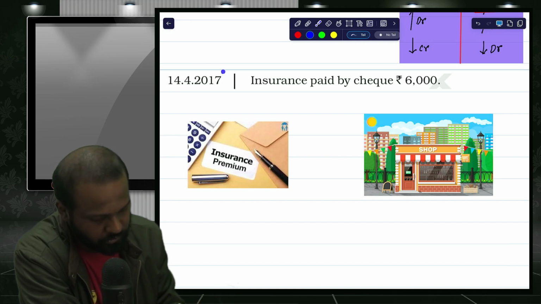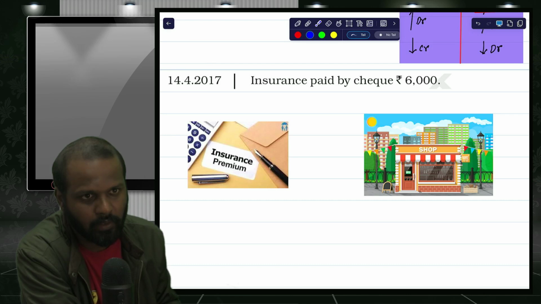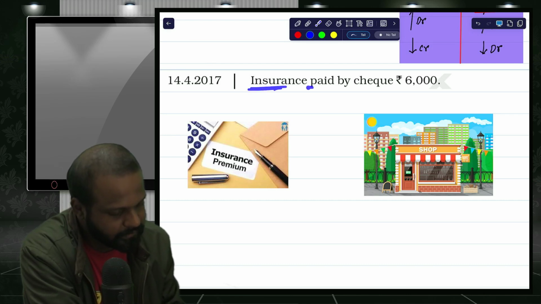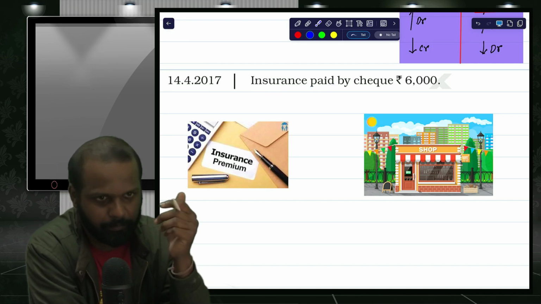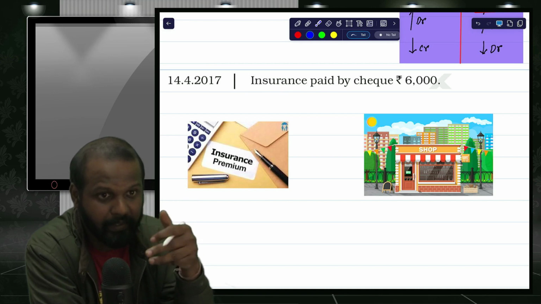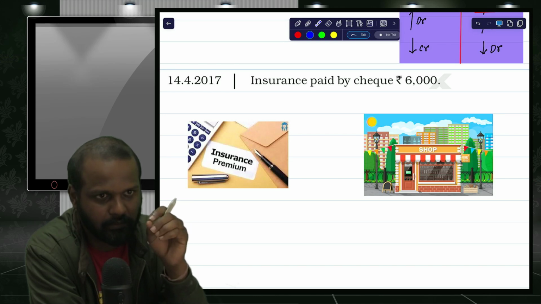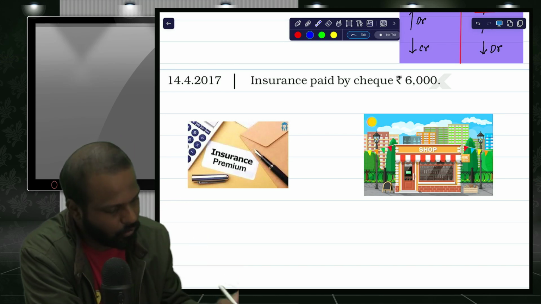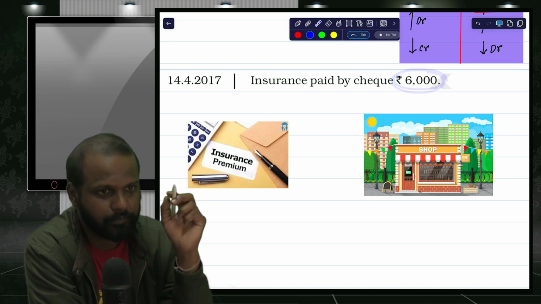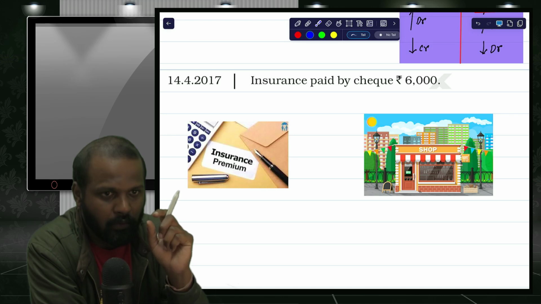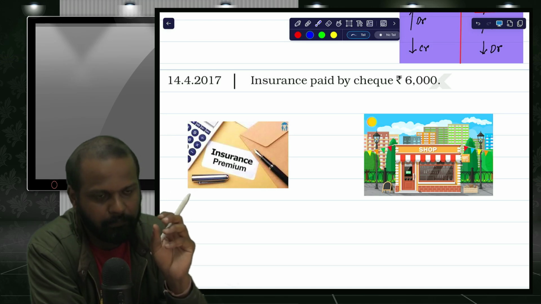See the next transaction, 14th April. Insurance paid. Insurance premium paid is an expense. We paid an expense by check. How much? Rupees 6,000. Now one important line you remember.